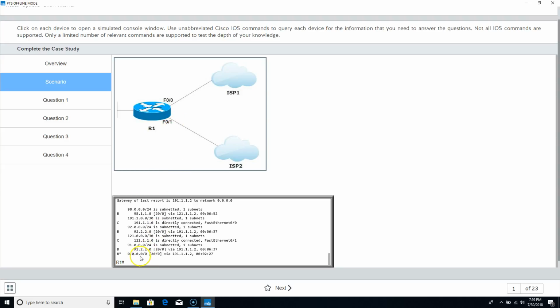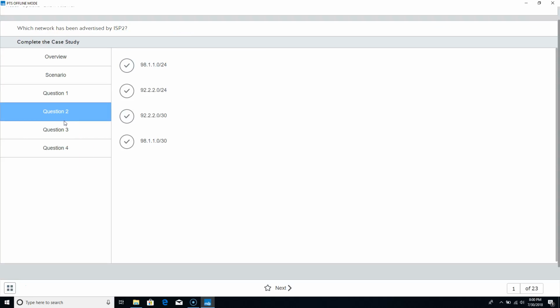This one is 191. Show IP route BGP, right here. The question is ISP2.